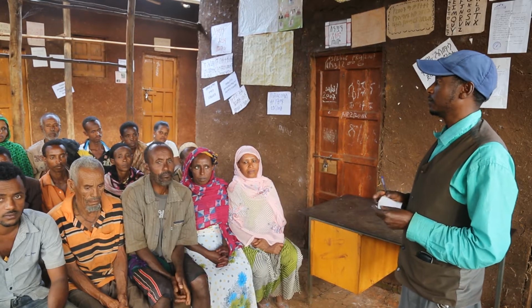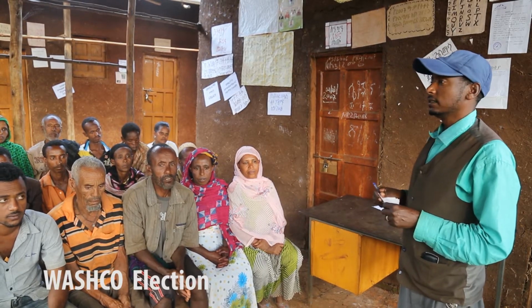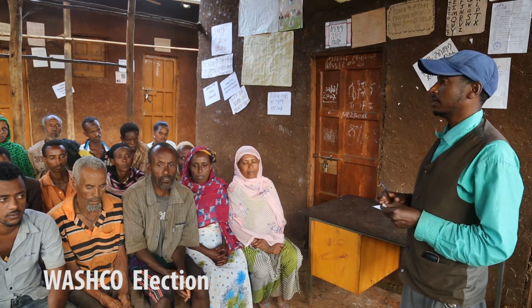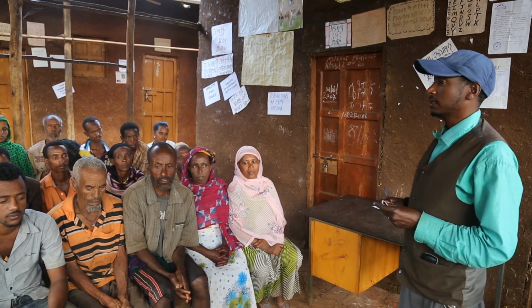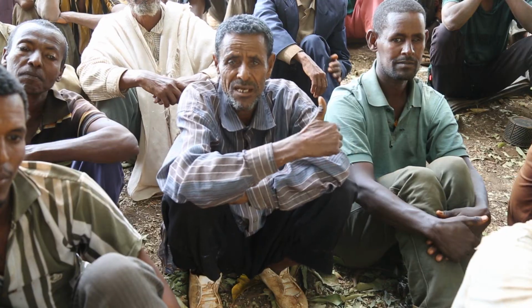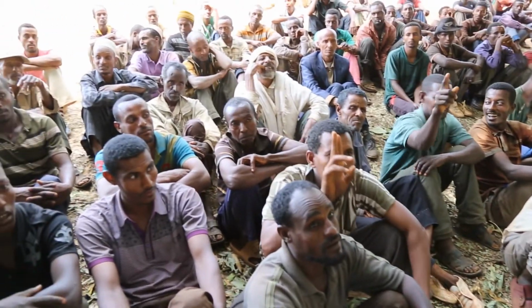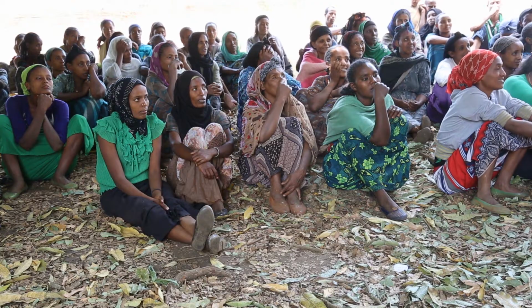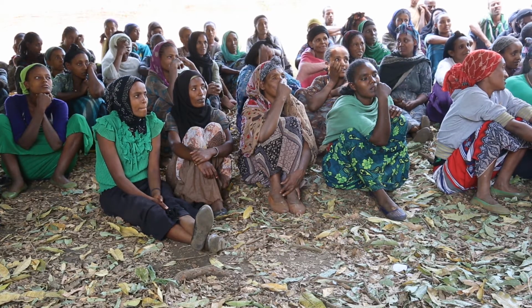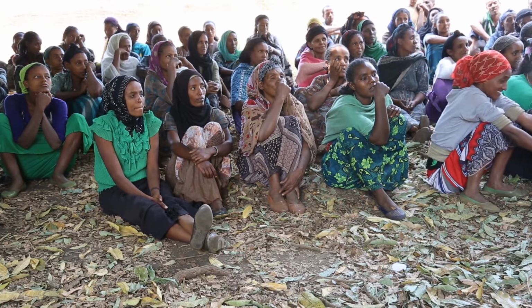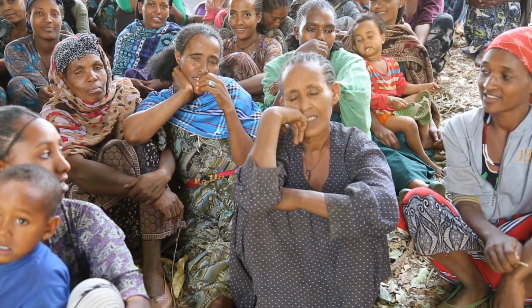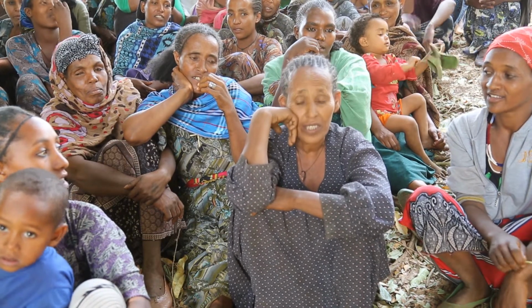The other major process is the election of the community representatives. These representatives are called the Water, Sanitation and Hygiene Committee, commonly called WASHCO. In the CMP approach, at least half of the members of the committee are expected to be women.